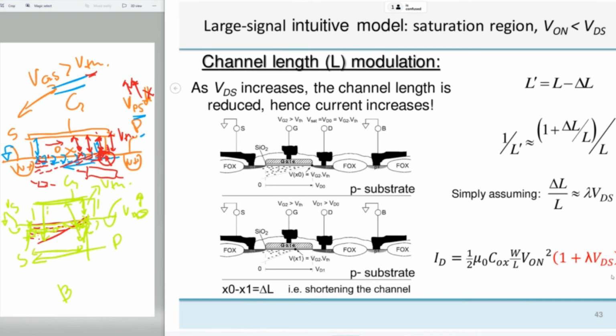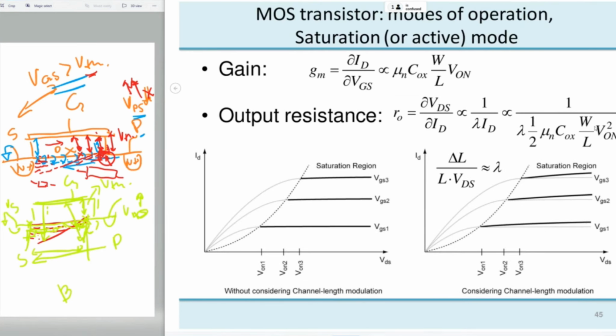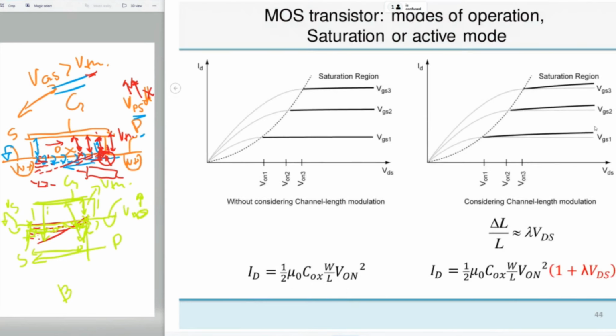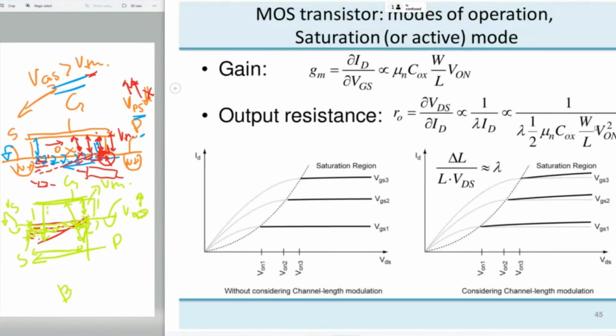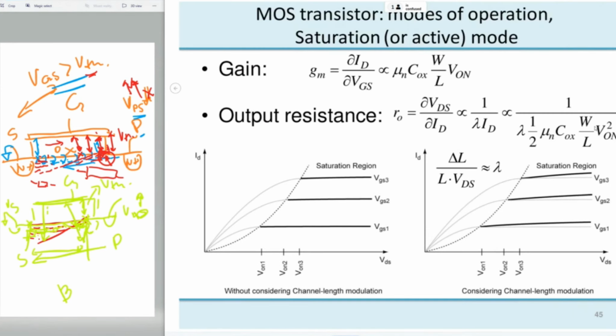Usually, we'll work then with this equation, where lambda is the channel length modulation effect. So the characteristic without channel length modulation, with channel length modulation. Then I'll stop here for now. In the next session, we'll continue with the small signal parameters.